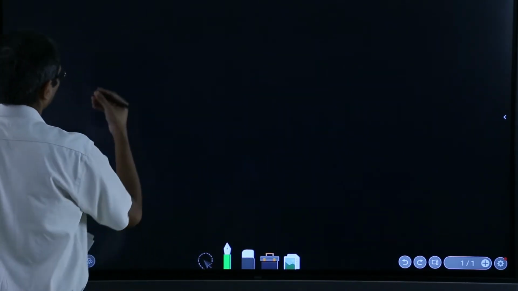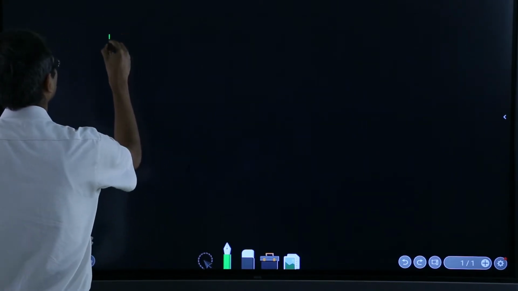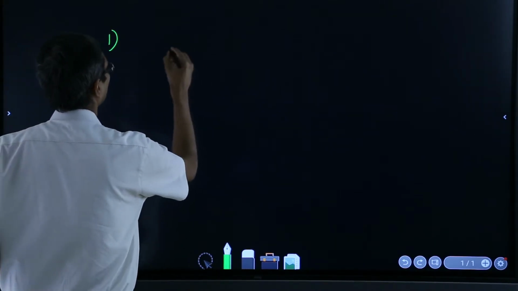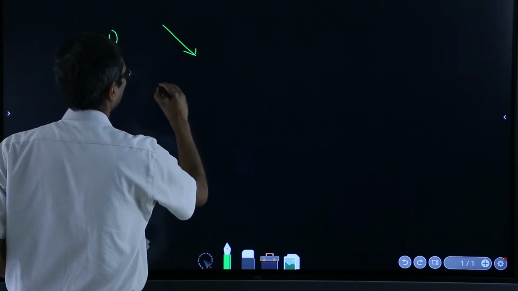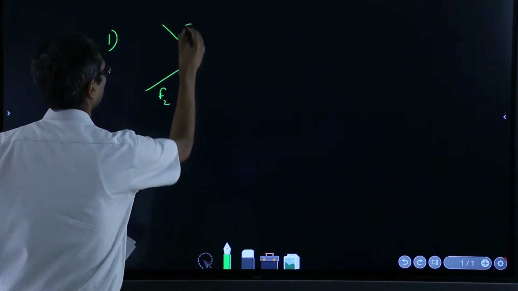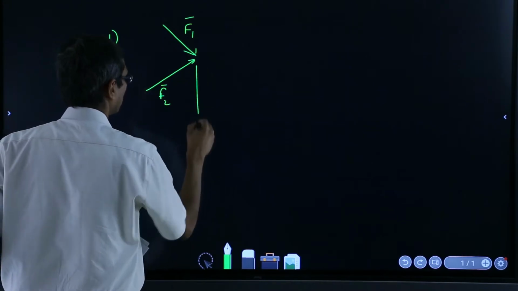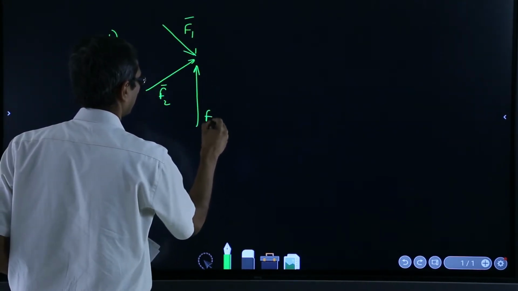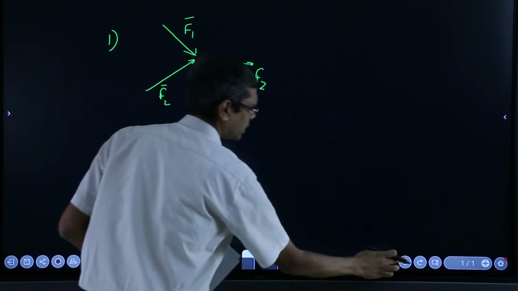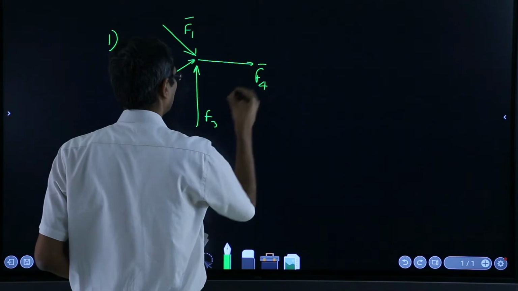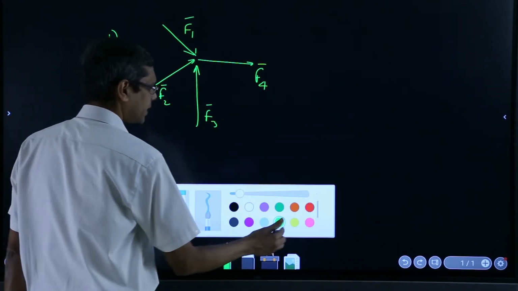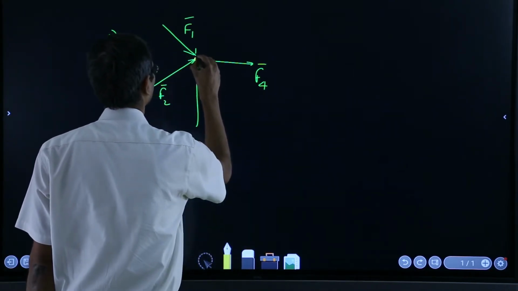Coming to the trivial ones, the first thing is, whenever you see a lot of concurrent forces, for example F1, F2, F4, like that, and many more maybe, but they are all concurrent at some point of concurrency.